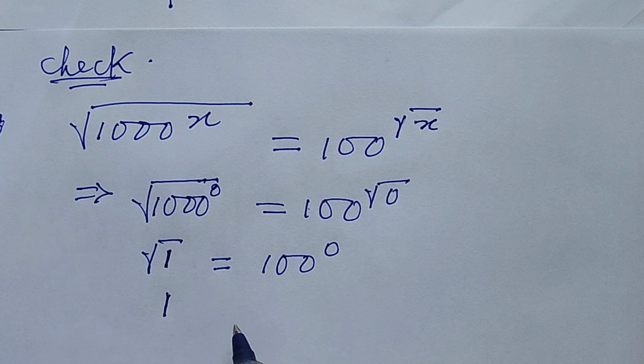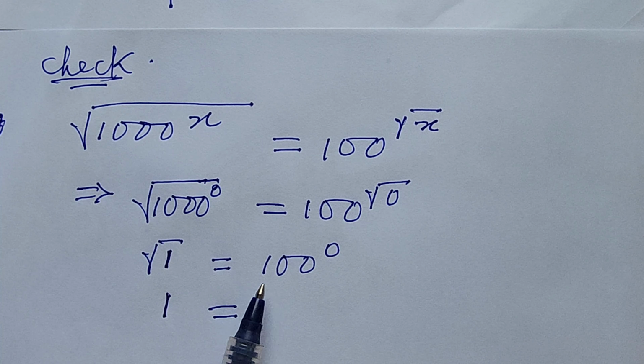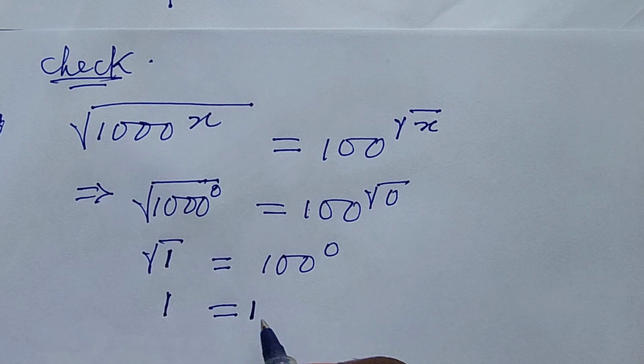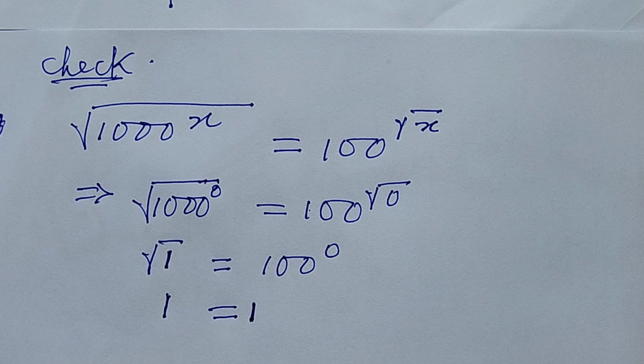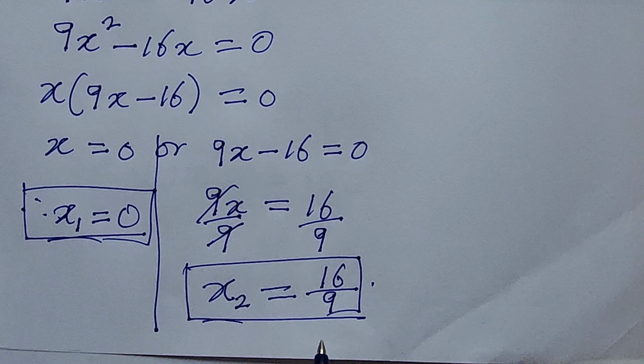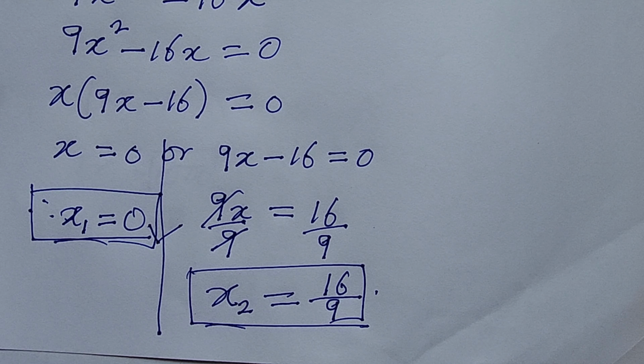So we have 1 equal to 100 to the power of 0, which gives us 1, because we know any number to the power of 0 gives us 1 except 0. So the first root, x equal to 0, satisfies the original equation.